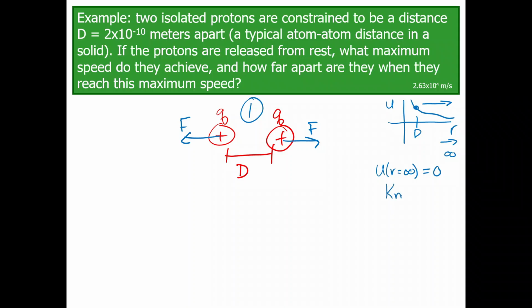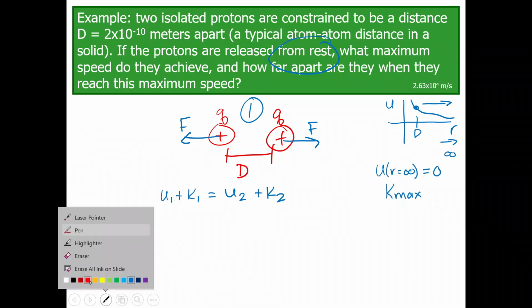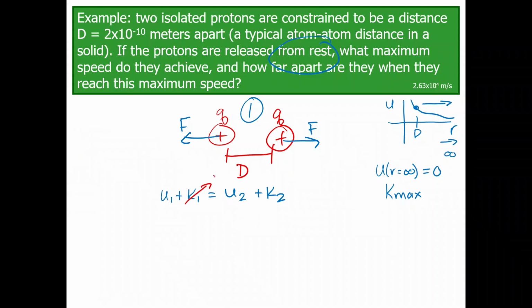And that is when our kinetic energy is going to be at a max. So essentially at position 1, I have no kinetic energy because they are released from rest. So if I think about U1 plus K1 is equal to U2 plus K2, I'm assuming that my kinetic energy at the start is 0.